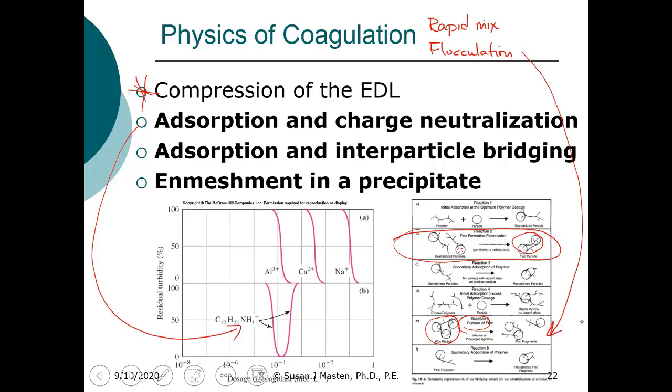And then the last one is enmeshment in a precipitate. So here we're actually adding so much coagulant that we exceed the solubility. And what we're actually doing is precipitating. So basically the flock that we're trying to remove, or the particles that we're trying to remove, become enmeshed or encased within this particulate.